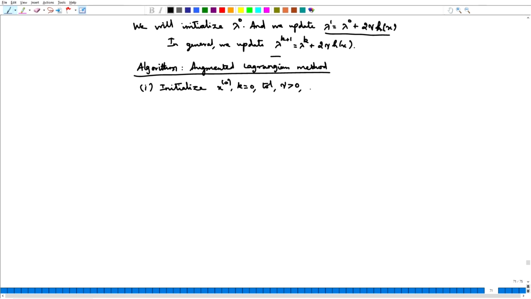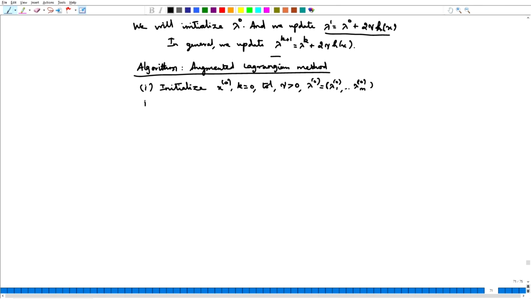The new thing that comes here is you initialize lambda 0. Recall that lambda 0 is a vector, lambda 0 1 to lambda 0 m. Of course, x 0 is also a vector, as you know from the discussions of the first 7 weeks. k is 0, tolerance is some positive number, and you also initialize lambda 0 to some m dimensional vector. m is the number of constraints, if you recall.